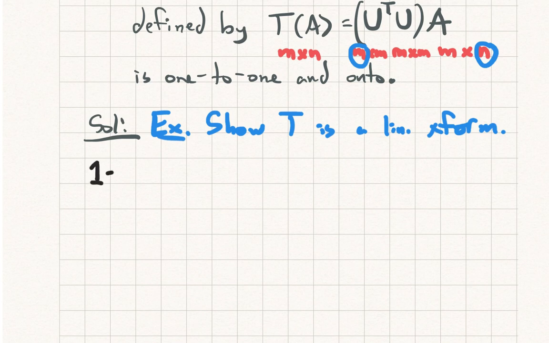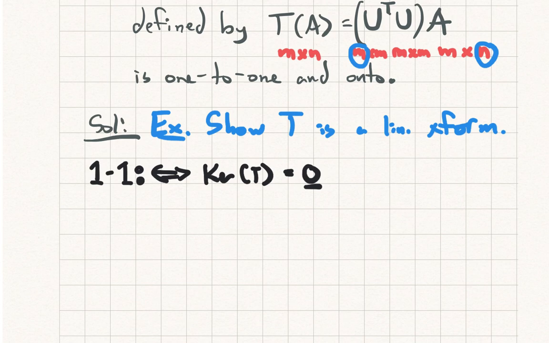And remember, let's use our idea that that's the same thing as showing that the kernel of this linear transformation is just the zero vector. In this case, since our domain is m by n matrices, the zero vector is the zero m by n matrix.